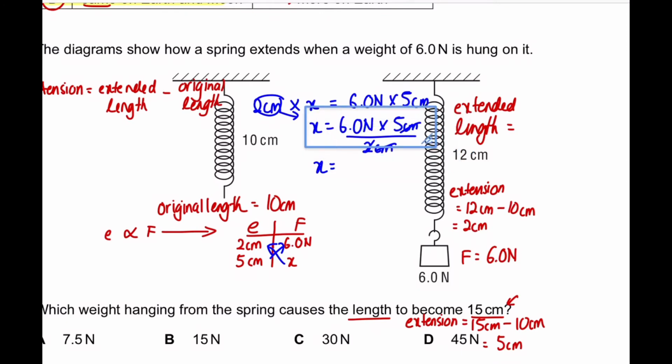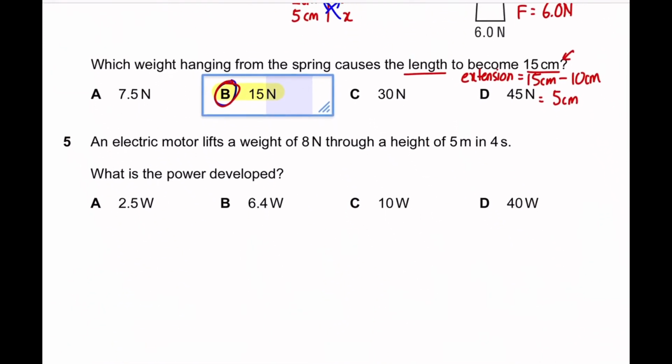Quick maths: 6 divided by 2 is 3, and 3 multiplied by 5 is 15 newtons. Let me use red color to highlight. The answer is B, 15 newtons.